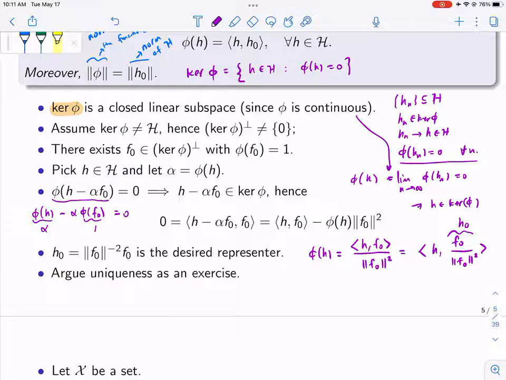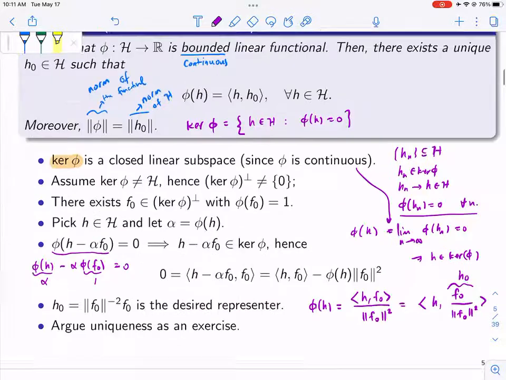Right. So we showed that this exists. And the uniqueness you can argue as an exercise. Suppose there are two, it's easy to show that this has to be unique. We showed the existence. So every bounded linear functional can be represented like this.